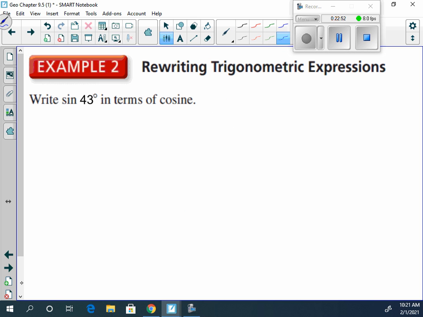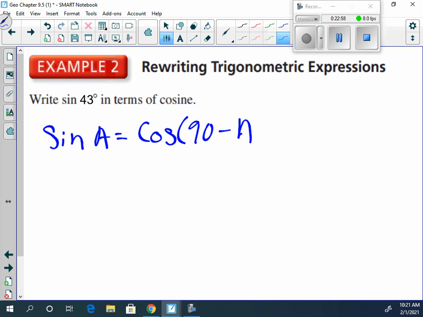So this time we want to write sine of 43 in terms of cosine. Again, we're going to be using the formula that sine of A is equal to cosine of 90 minus A. We're starting off with sine of 43, that's what they told us.